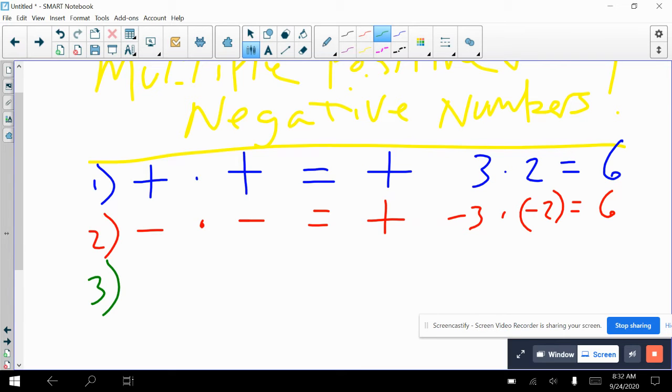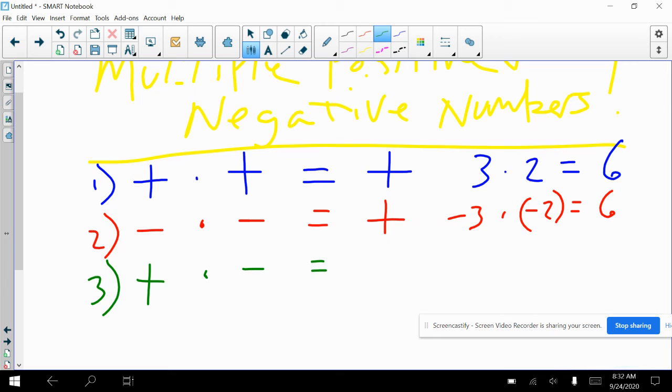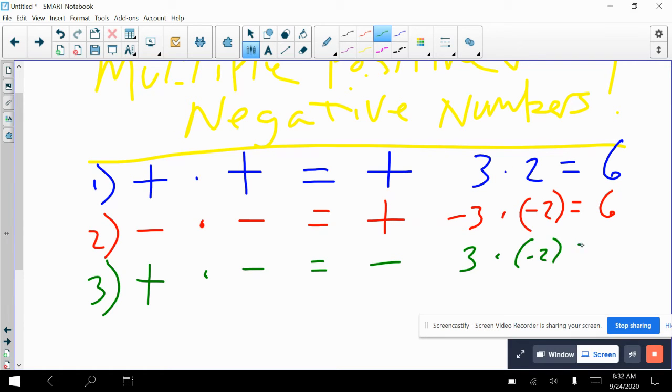How many of you know about positive and negative numbers? I'm curious. Okay, all right, here we go. If you have a positive times a negative, what does that yield us? Emma? A negative. So we have a positive 3 times negative 2. That's going to yield us a negative 6.